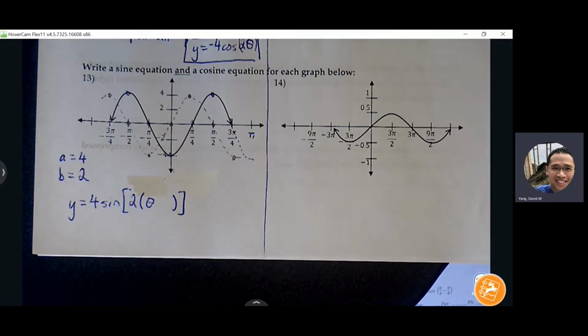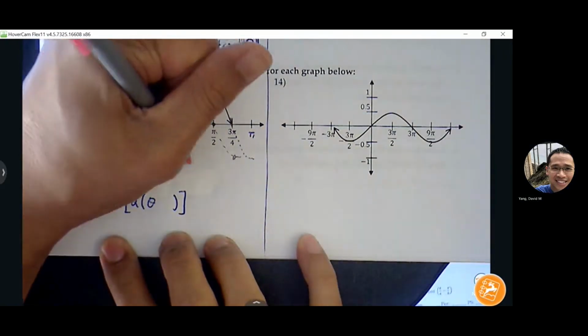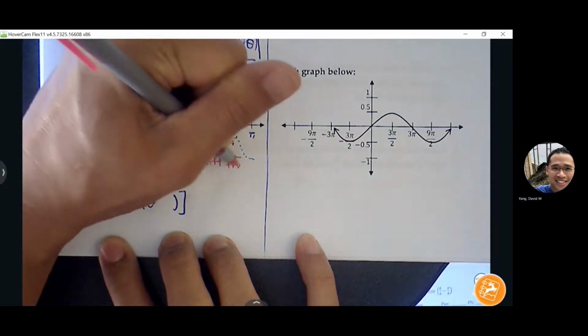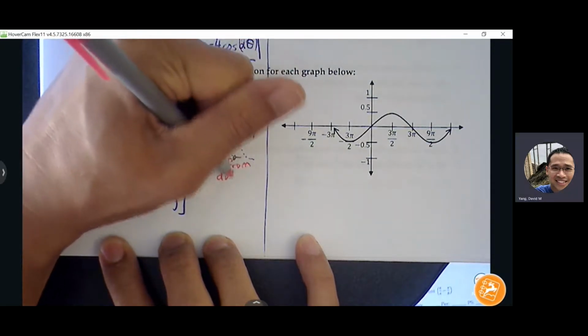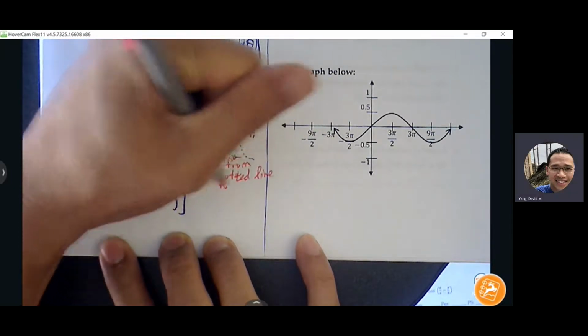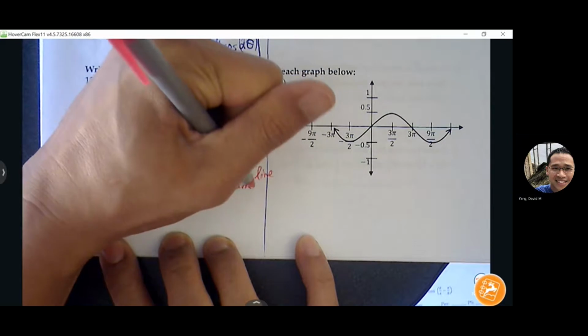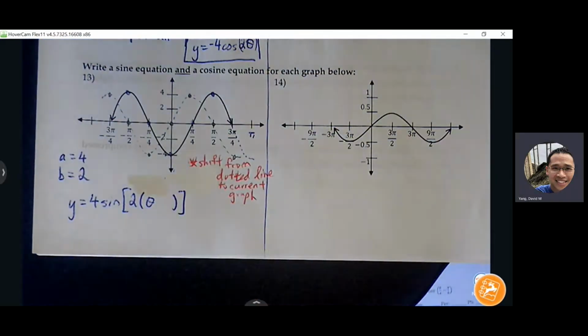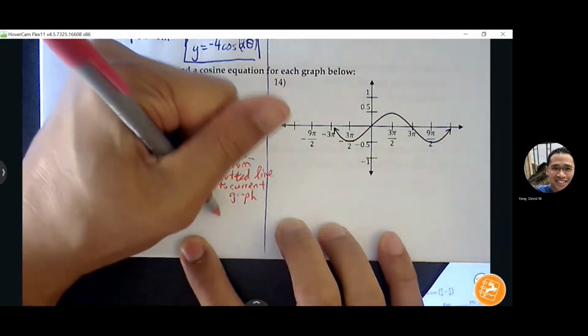Okay, so let me write that out. We want to shift from dotted line to current graph. And you said what again? Shift to the right. Good.